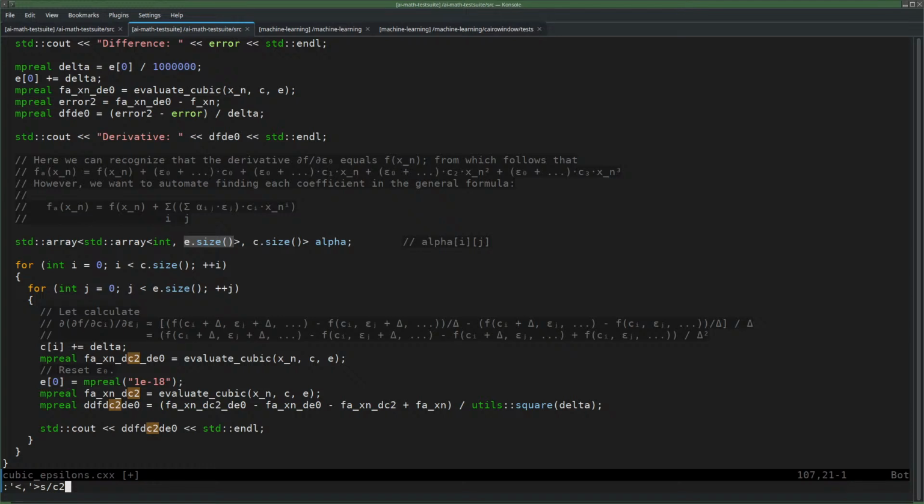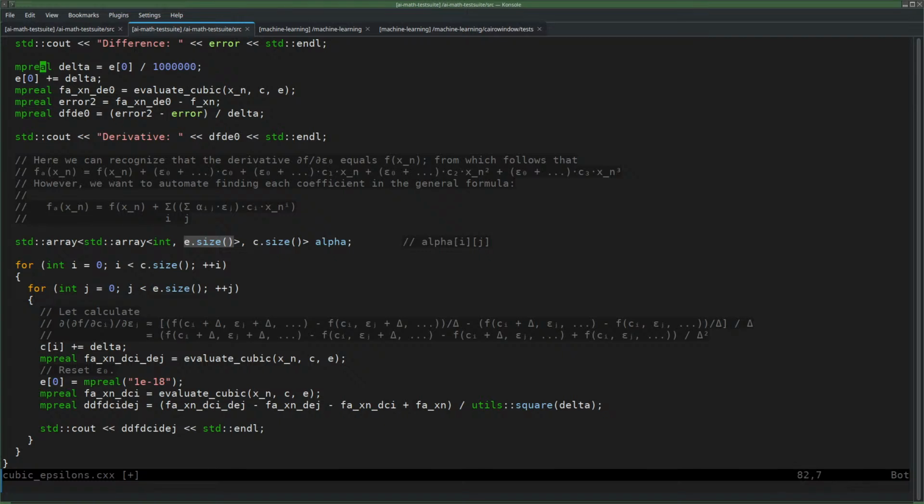Substitute C2 becomes CI. Oh, that was good. Then again, we do E0 becomes epsilon J. Yeah. I already use stuff in front of it.